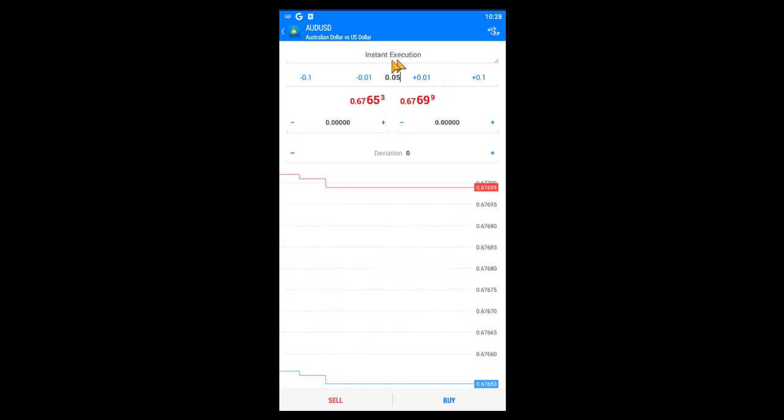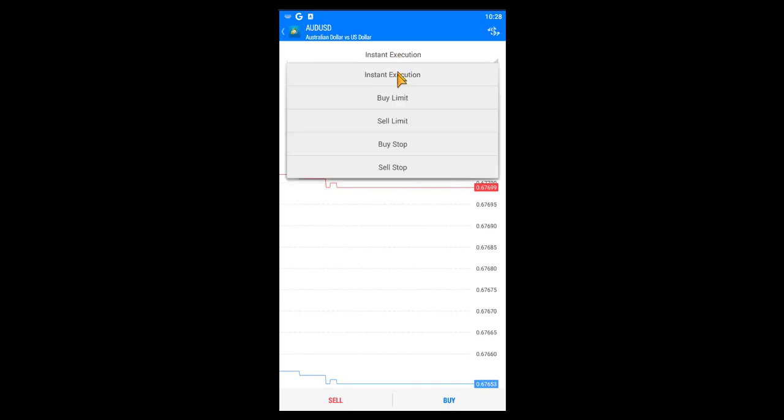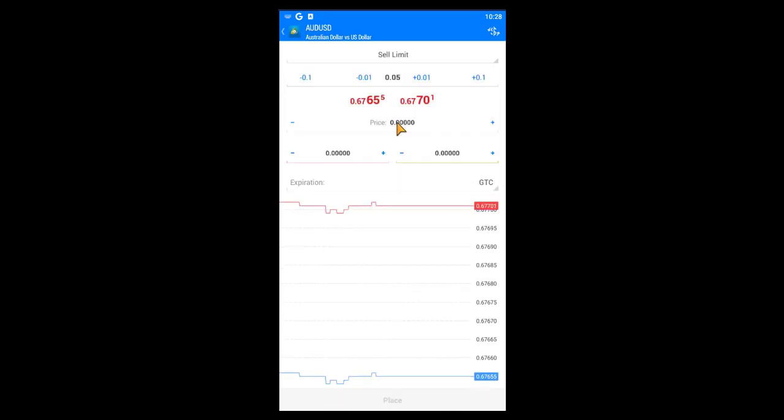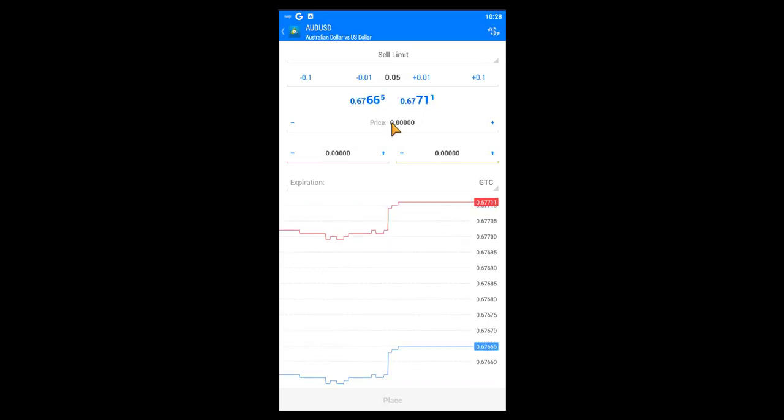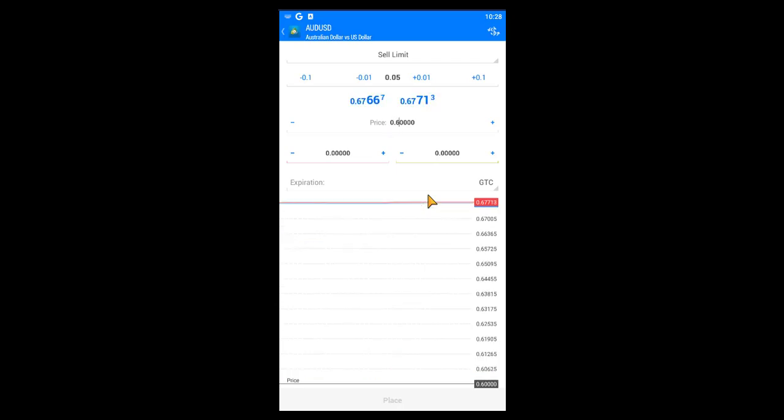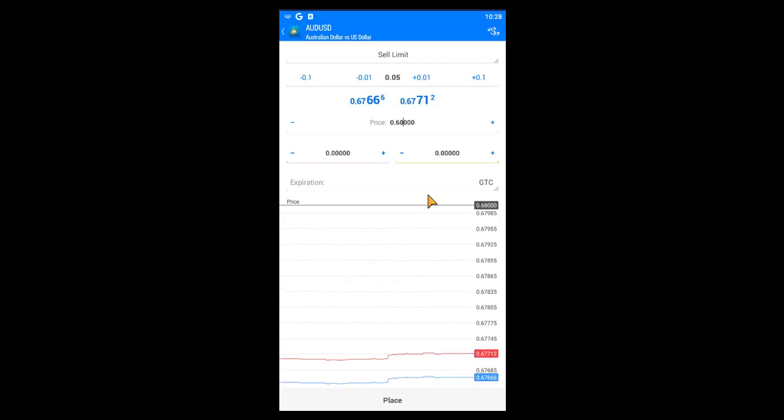Then this place where you see instant execution or market execution, you click, and then you choose a sell limit, because we are selling at a price that is higher than the market price. So you type in the price you intend to sell at, so that's 0.68260 there.